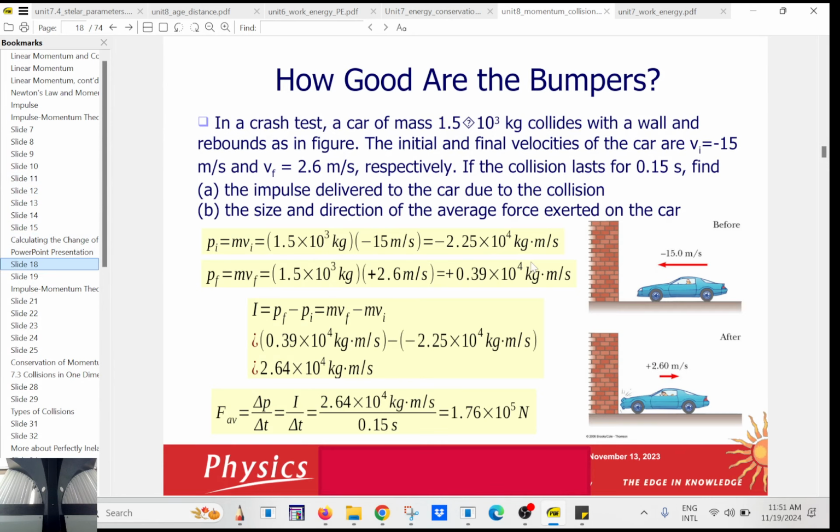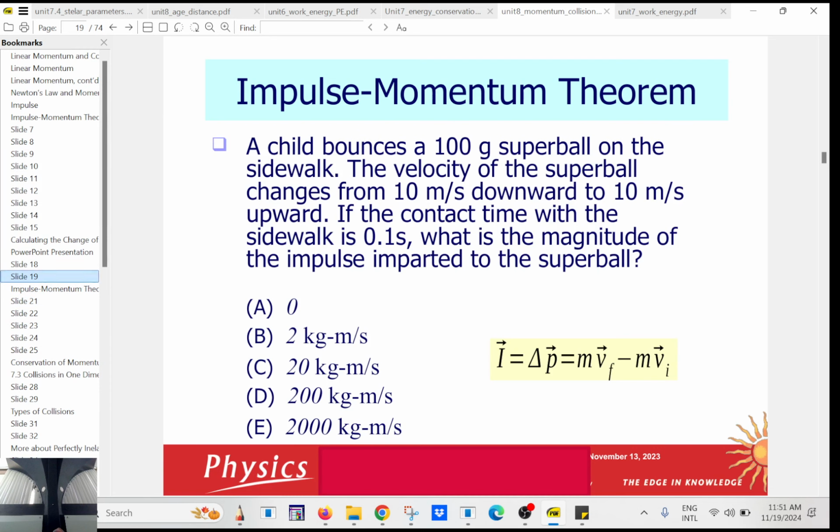Let's see here. Okay. What do you think here? Quickly. So it's bouncing off. The thing that you can memorize: when something bounces off, you add initial speed and final speed.